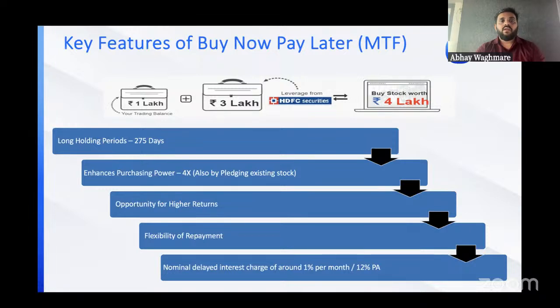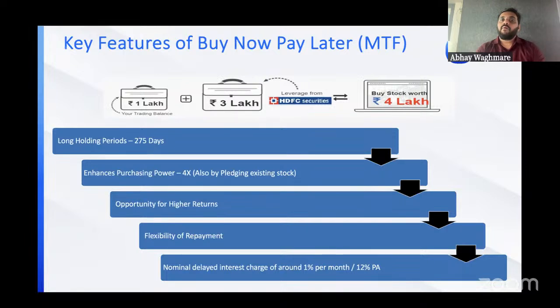Now for example, 3 लाख का जो पोजीशन आपने लिया है, let's take 1%. What is 1% of 3 lakh? That is 3,000 rupees. So 3,000 rupees is the interest you will pay per month. Now you are holding the position for 2 months, so the interest would become 6,000.